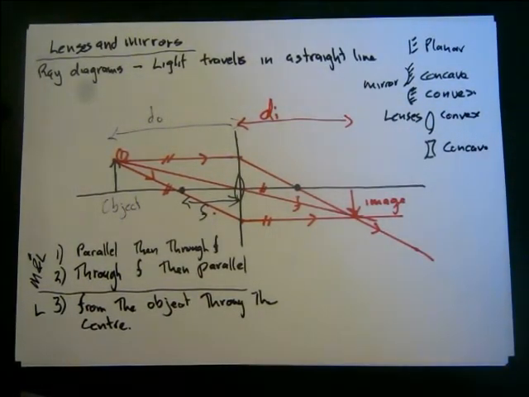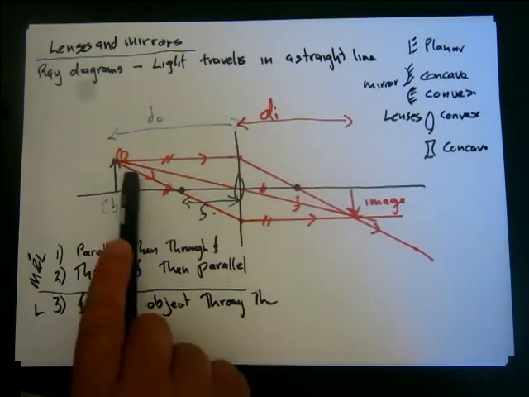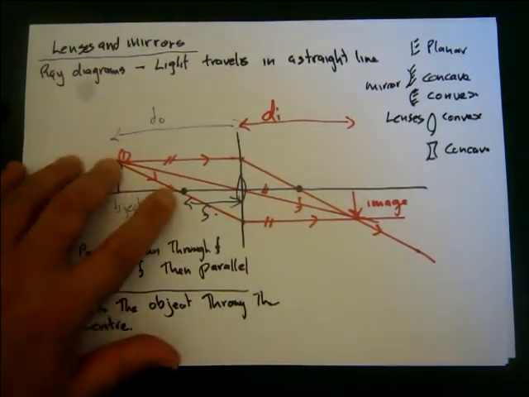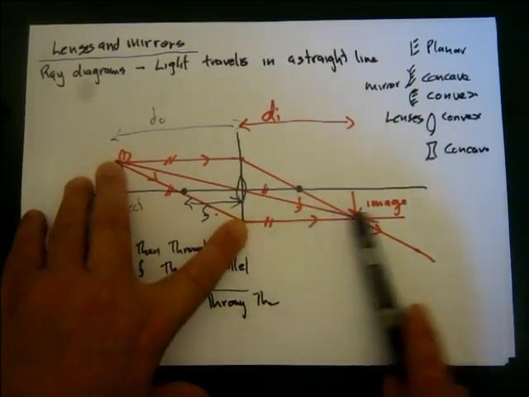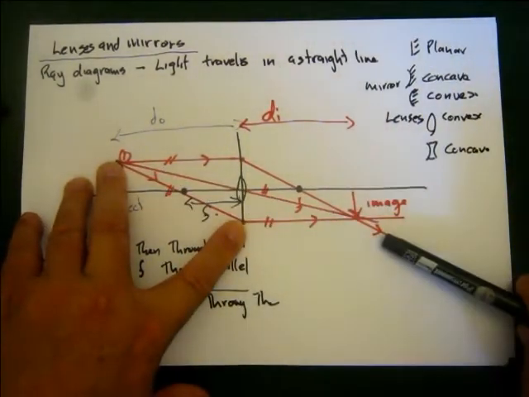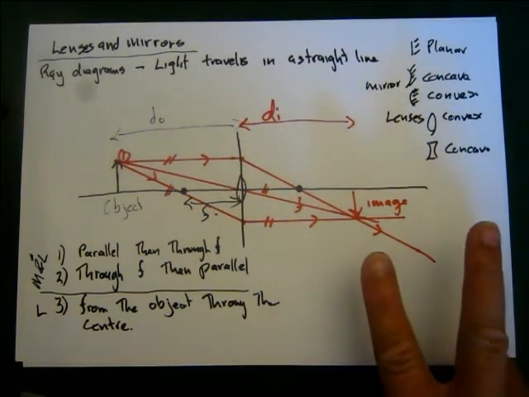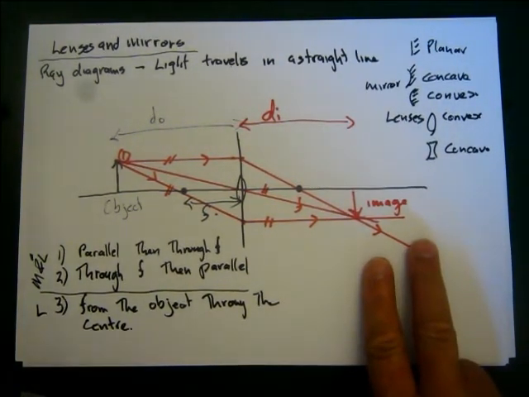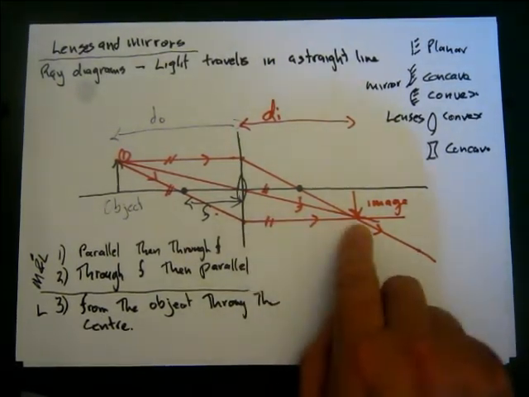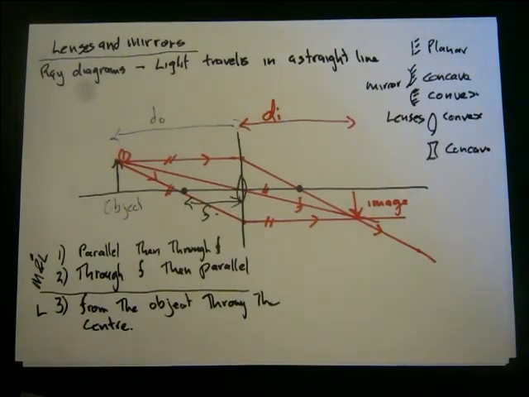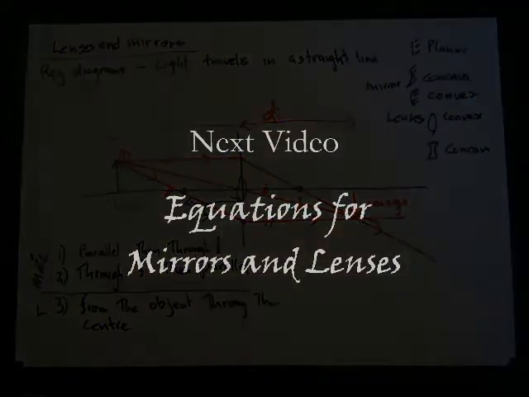When you're doing this for mirrors, it's parallel through the focal point, then through the focal point, parallel. If you're doing lenses, you can also stick one right through the centre. In reality, you only need to know two of those lines, because they all meet at the same place, so you can just do two of them. Your pick, your choice, whichever you find easiest. We'll do the math of this in a second.